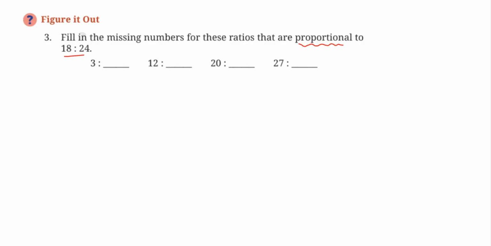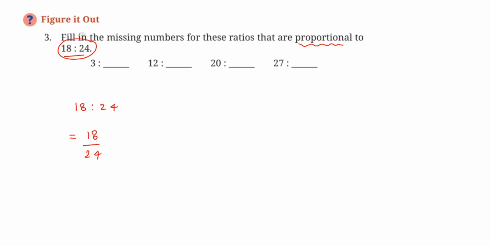For example, here we have 18:24. Remember, we can write ratios in a fractional form. So if I write this in the fractional form, this will be 18/24. Now I will write the simplified form. How to find the simplified form? You have to cancel the numerator and denominator.